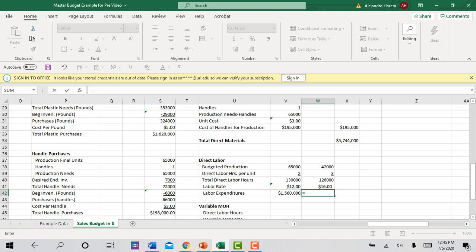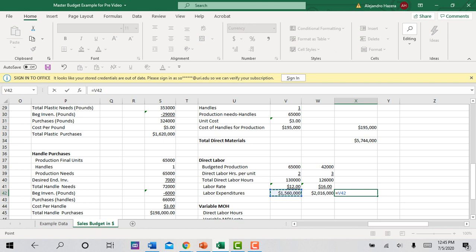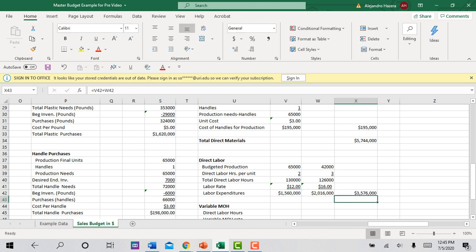Our total labor expenditures for saws is 126,000 hours times $16 per hour, so we've got 2,016,000. So our total direct labor costs going into production are going to be 1.56 million plus 2,016,000, which equals 3,576,000.